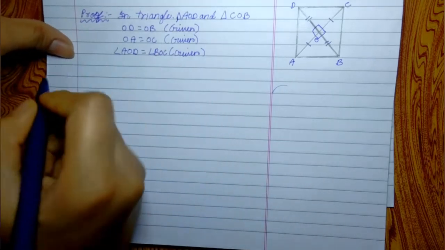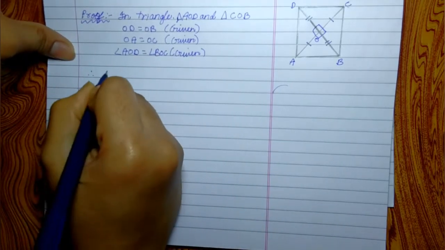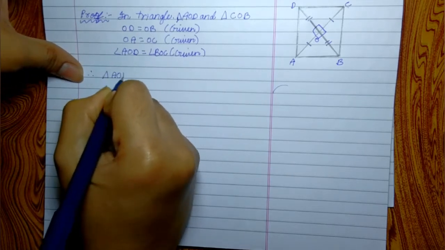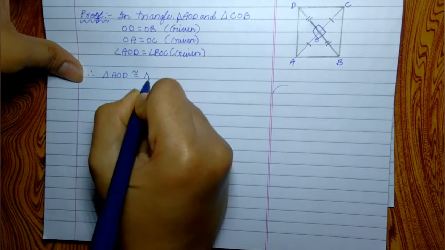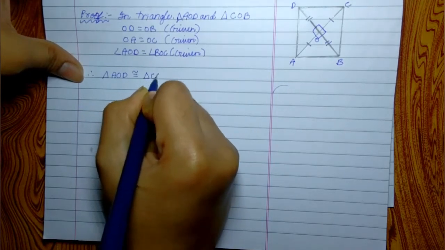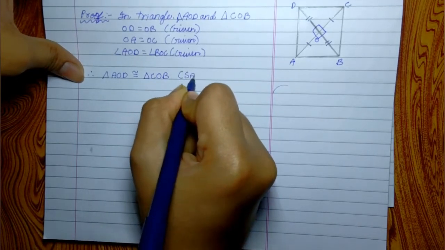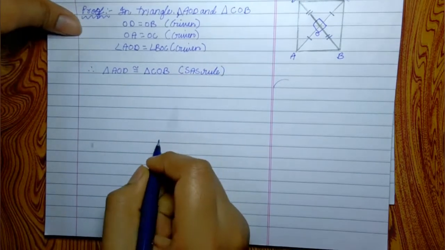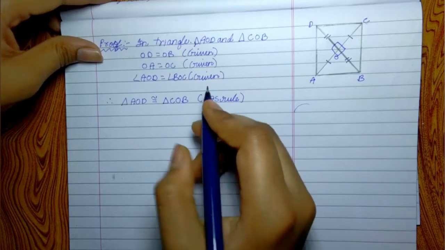Okay friends, let us write it down here. Therefore, triangle AOD is congruent to triangle COB by the SAS rule. We know that these two triangles are congruent.